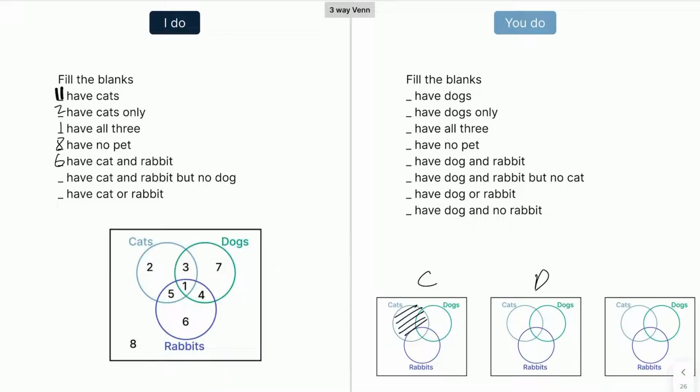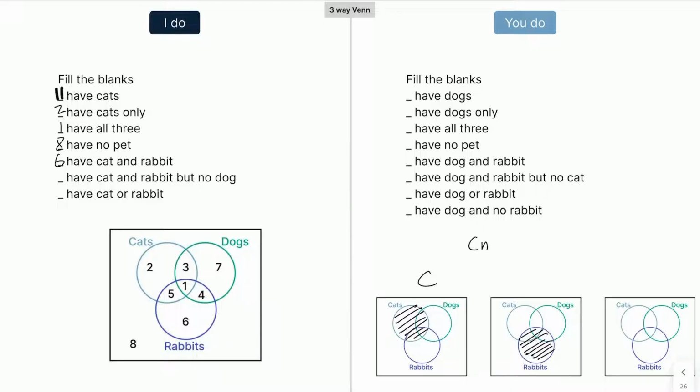You will go in and shade cats, you will go in and shade rabbits, and now the question asks you for cats and rabbits. Sorry, that was supposed to say are, even though I've shaded it right, I've written that wrong.